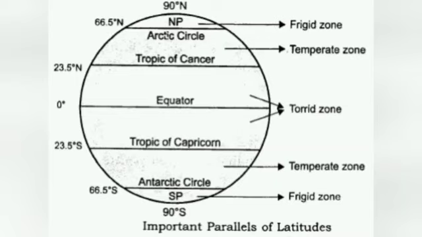All parallels are at an equal distance from one another, and none of the parallels touches or crosses one another. Each hemisphere has 90 parallels, making them 181 parallels in all, including the equator. So this was about features of parallels.